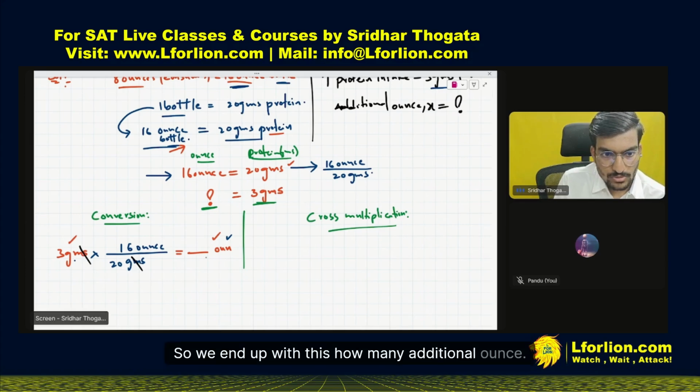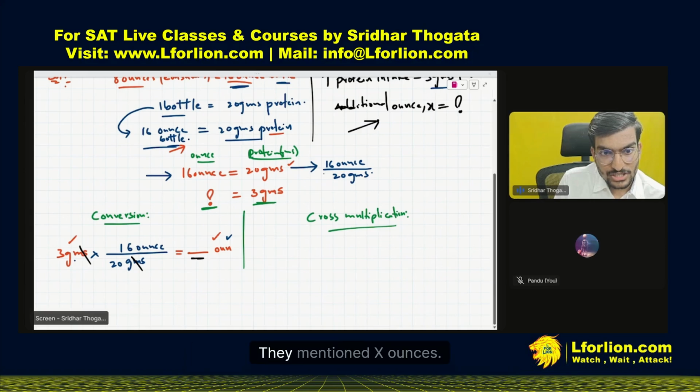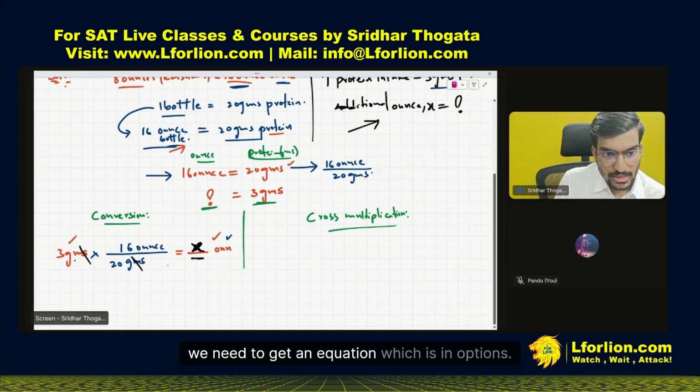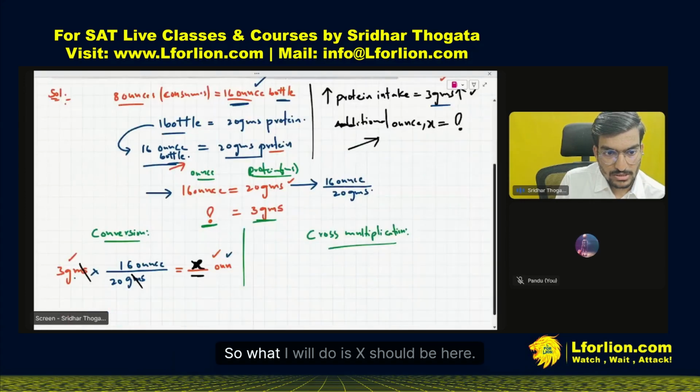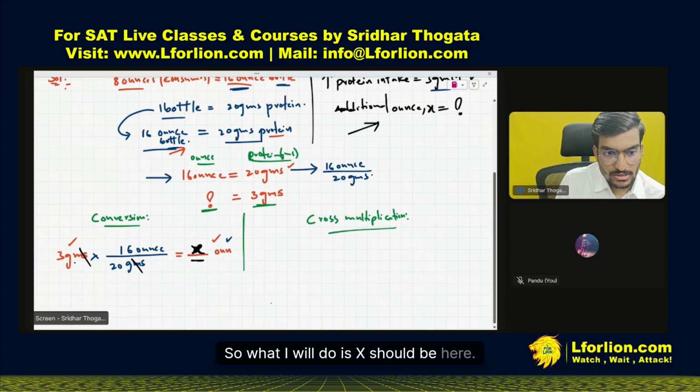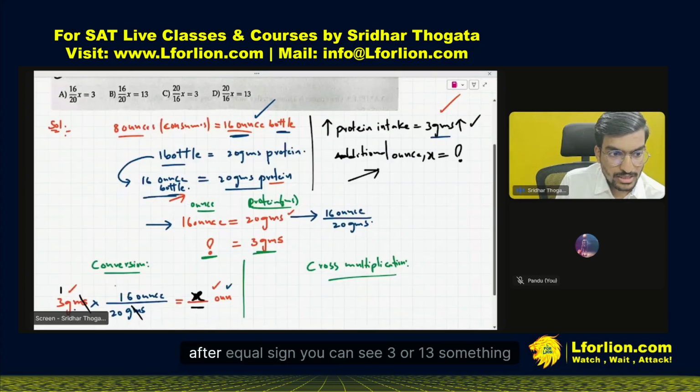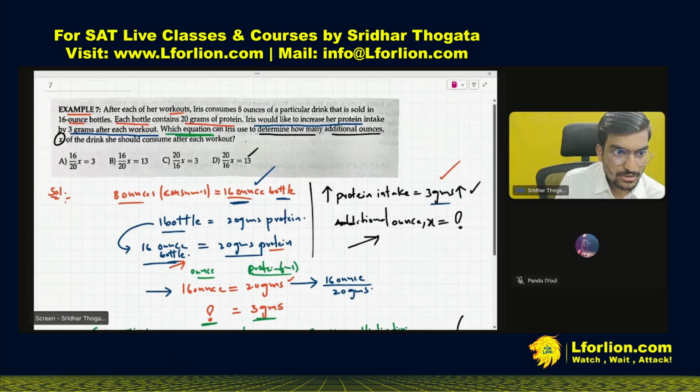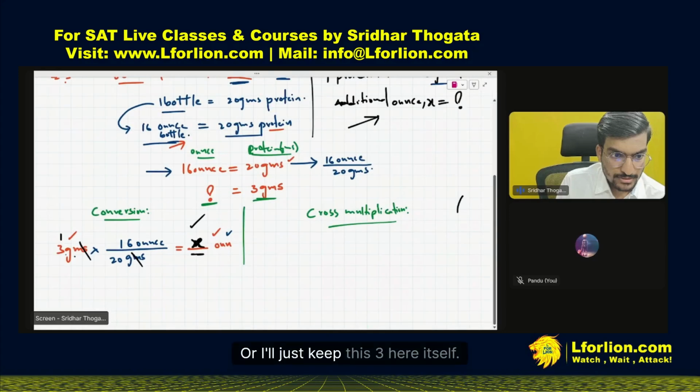How many additional ounces? They mentioned additional ounces as x, so x ounces. We need an equation which is in the options A, B, C, D. So x should be here, and 3 must be after the equal sign. So we try to form that format. I'll keep this 3 here itself.